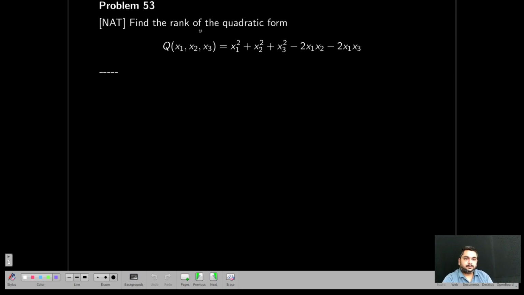Next, find the rank of the quadratic form. So again, 3 variables, so a 3 cross 3 matrix. From now I will just write the matrix directly. Let us say this is Q equal to, so 1 1 is there. Then 2 2 is 1. Then 3 3 is also 1.